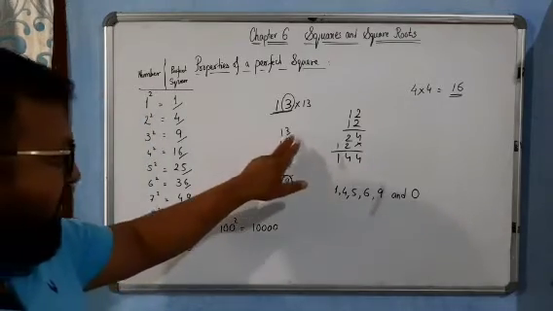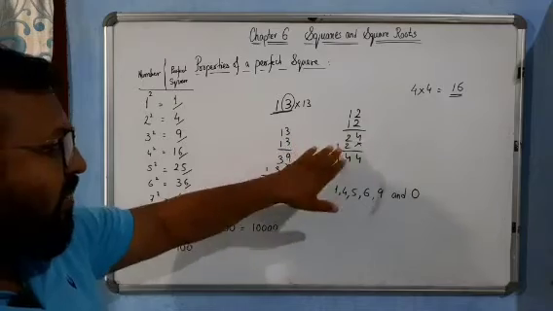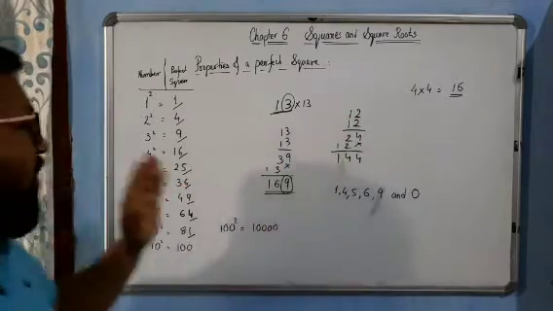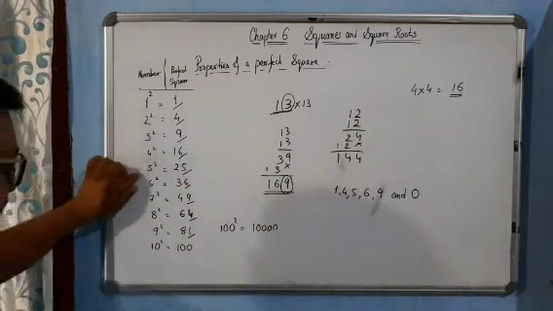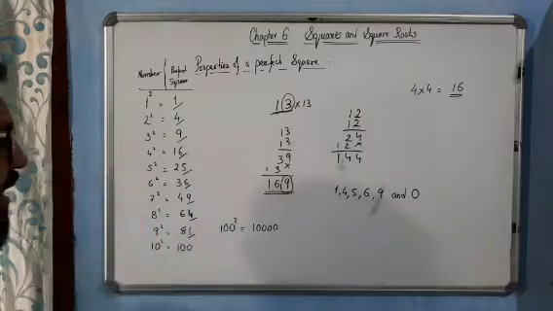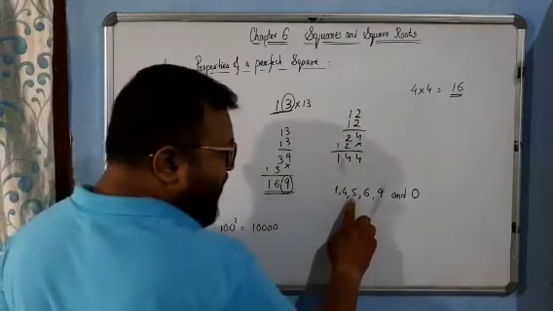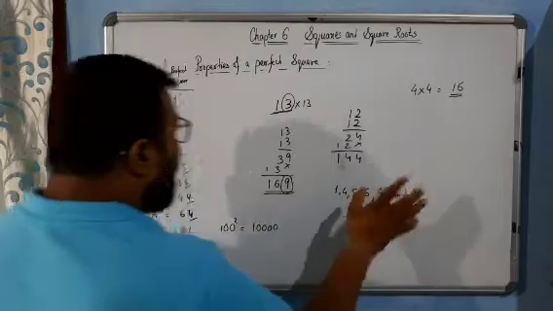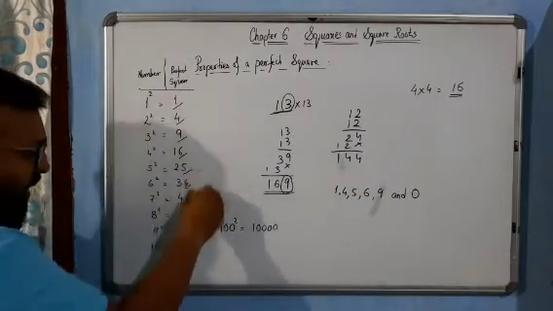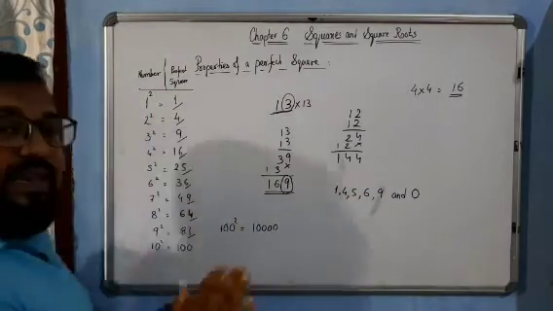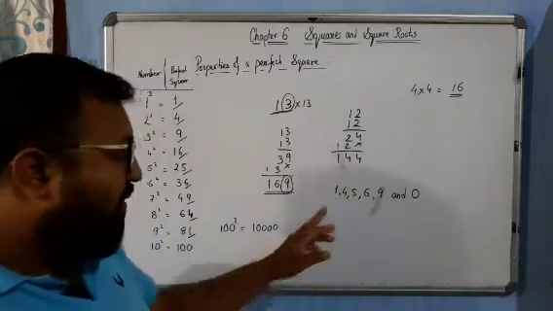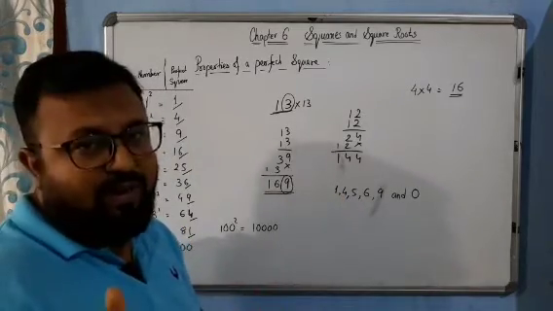If you take double digit also, if you make a triple digit also, whenever you make the square of these numbers, you will always get these numbers 1 4 5 6 9 0 at the ones place of a squared number. But it doesn't mean that if a number is having 4 it is a perfect square. Remember that.